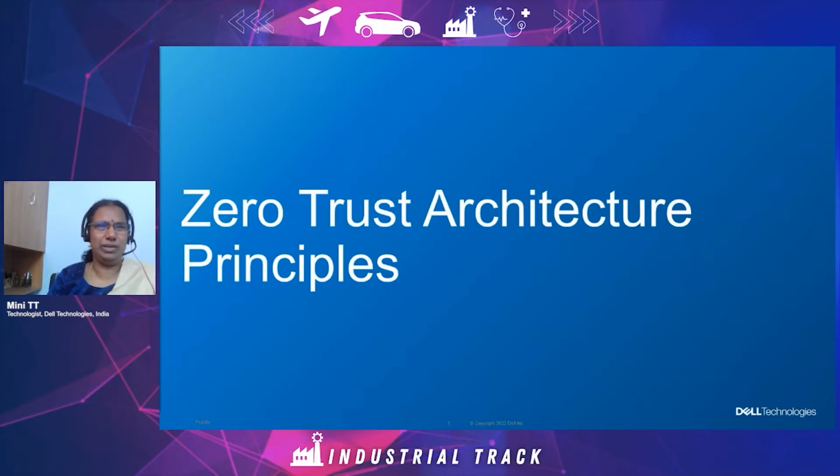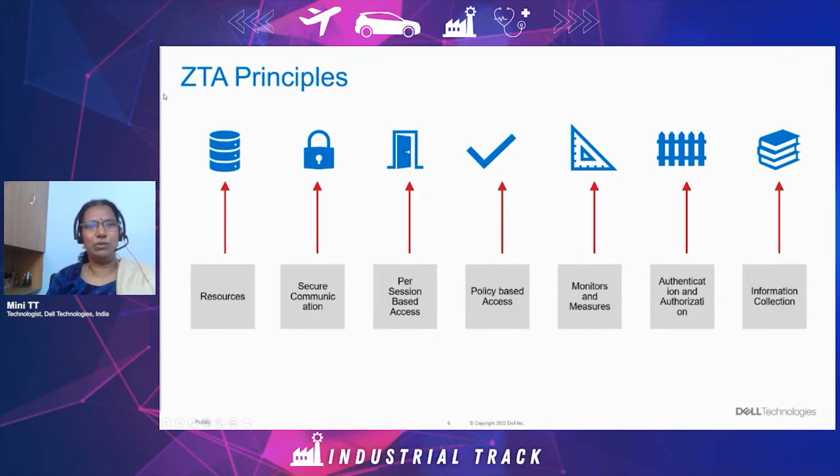Now let us look at the zero trust architecture principles. Here we will be seeing mostly what NIST is talking about. Many of you must already know that NIST has published a document called Zero Trust Architecture. So most of these principles are based on what NIST is talking about. These are the categories of principles that are put there.